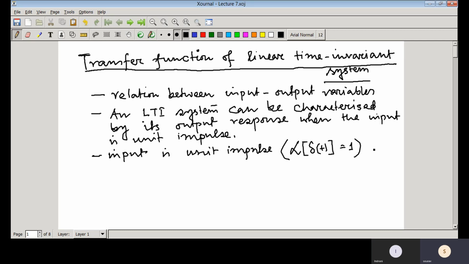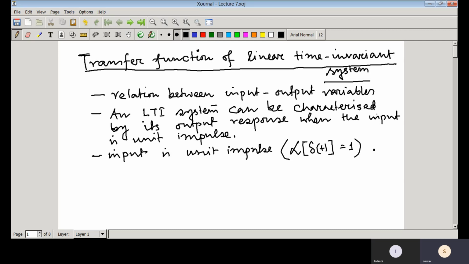So you should not be confused here. You may think that transfer function modeling is only associated with unit impulse. It is not. You can apply any input and you can represent the output as a product of the transfer function and the Laplace transform of that input.